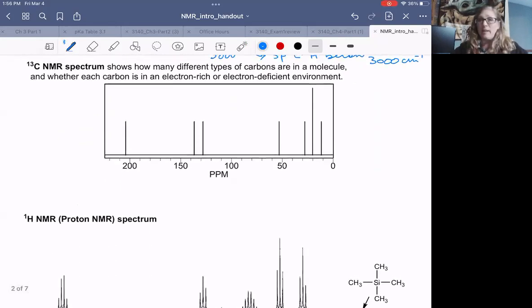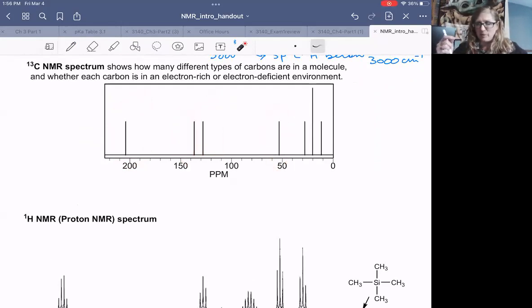Now, proton NMR and C13 NMR are the two most common ones that we'll encounter. The C13 is really quite simple. And what you can see here is the most common C13 experiment that we do, where every single signal that we see just shows up as a single line.